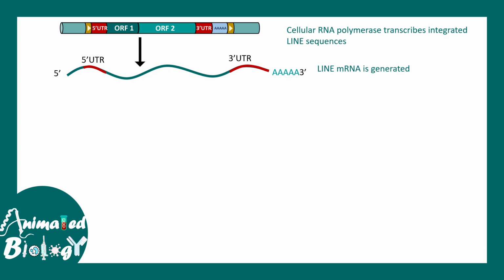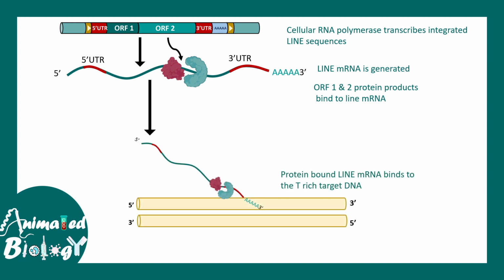So this is a generic LINE mRNA. And this LINE mRNA would be reverse transcribed with the help of the ORF2 products. Eventually, the protein bound to the LINE goes to a particular T-rich region in the DNA.